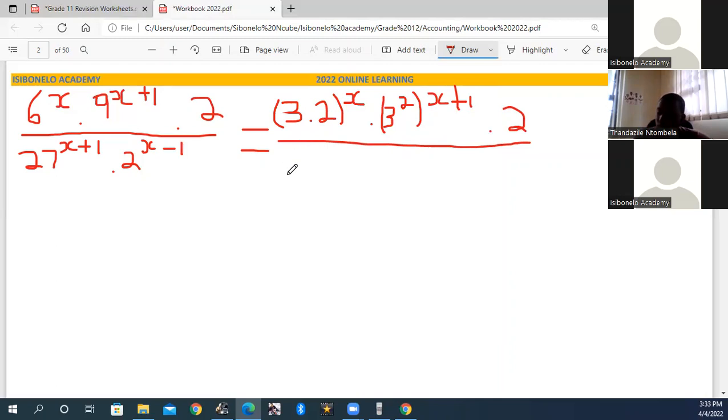So 27 is 3 cubed, and we bring back the exponent x plus 1, times 2 to the x minus 1.